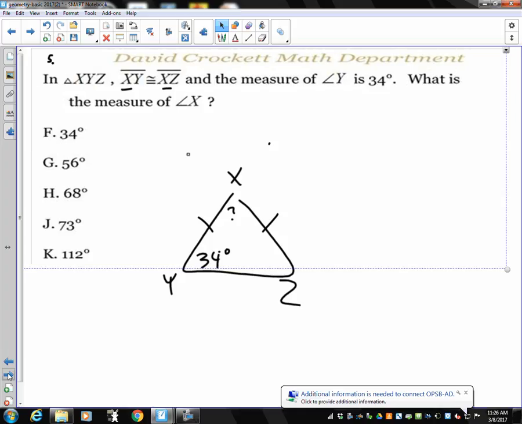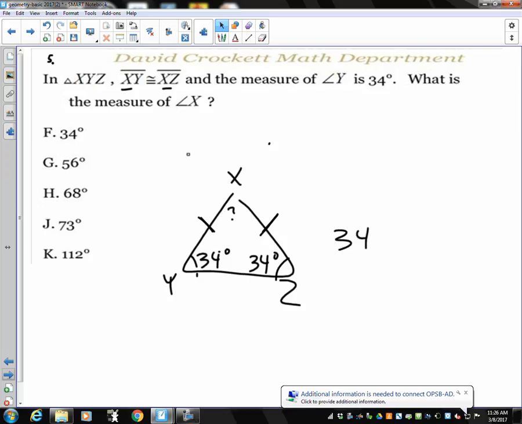So what we have to use here is one of the things that we talked about yesterday. So we have an isosceles triangle, two sides are the same, but two angles are also the same. So the two angles that would be the same here would be Y and Z. Now, even though I'm not looking for Z, I should know that Z would also be 34 degrees. And now I can just sum my angles up to 180.